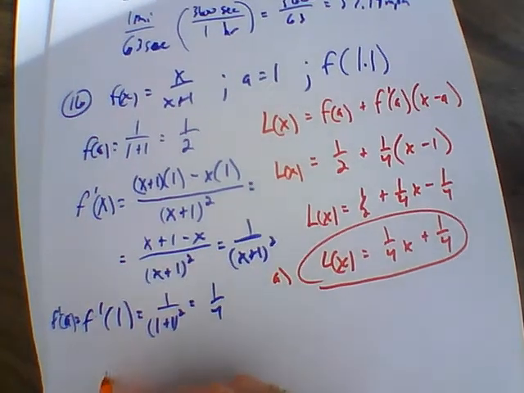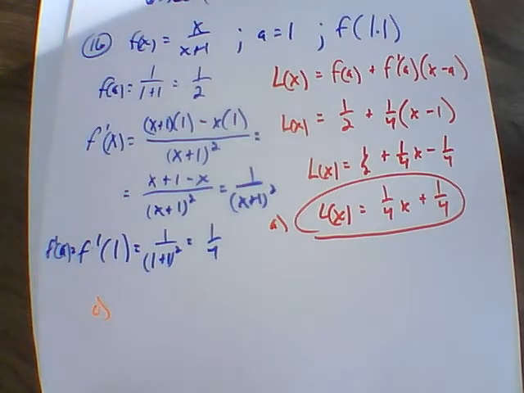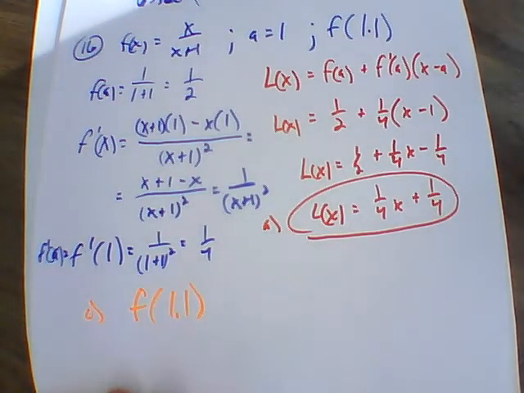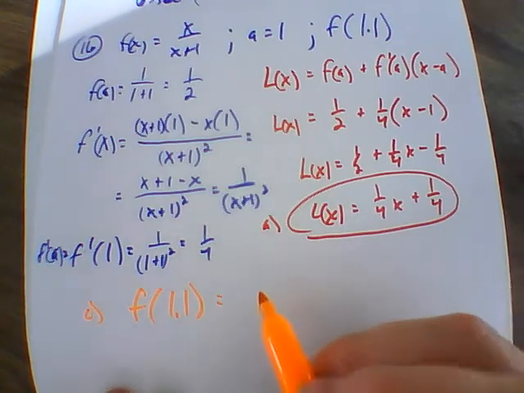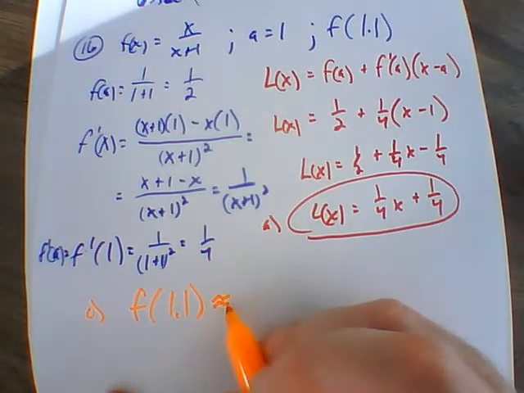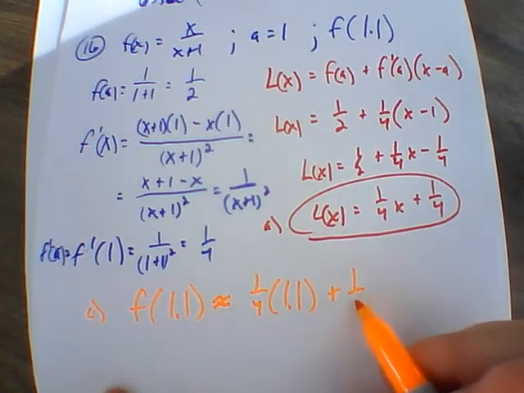Part C then is asking, what is the approximate value for f of 1.1? So we can use our linear approximation. I'm going to take 1/4 times 1.1 plus 1/4.